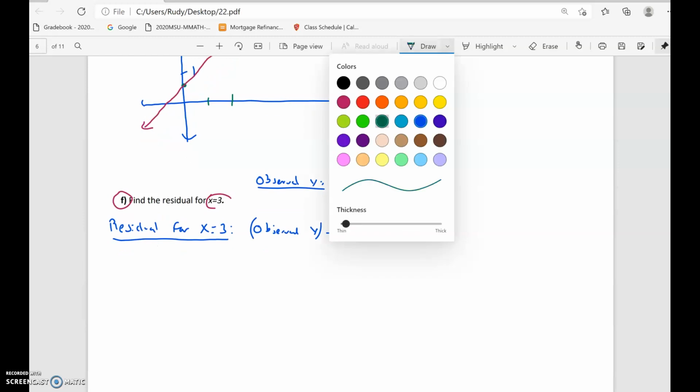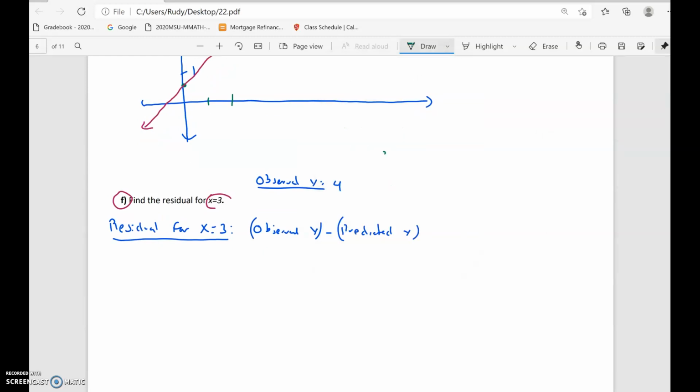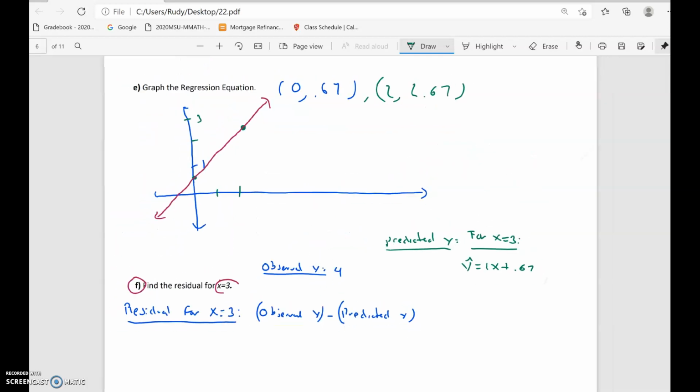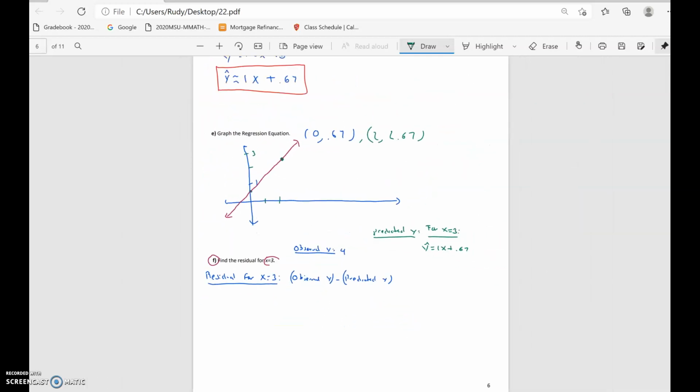Now to find the predicted, we're going to have to evaluate y hat. So predicted y, and in this case, for x is equal to 3, we're evaluating y hat, which is simply 1x plus 0.67, which we obtained earlier. And then you're just going to plug in the value of 3: y hat is equal to 3 plus 0.67.